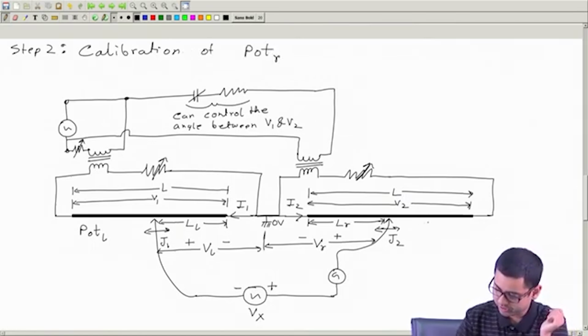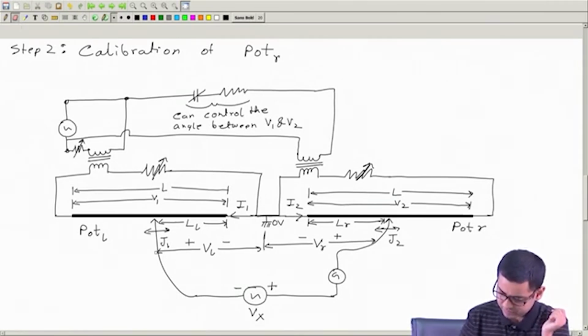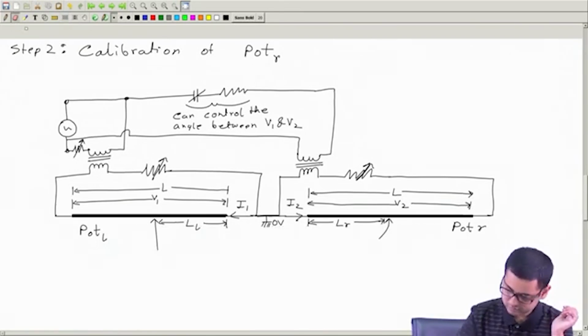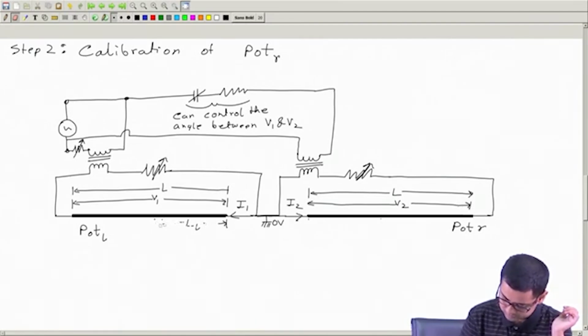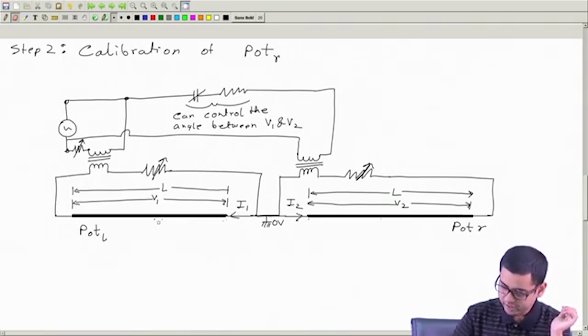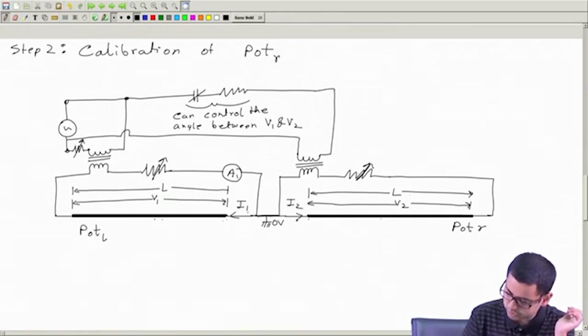Call it pot R. So this is pot R, right: pot L, pot R. Now for that, we have this ammeter A1, of course, and here we will put a new equipment.